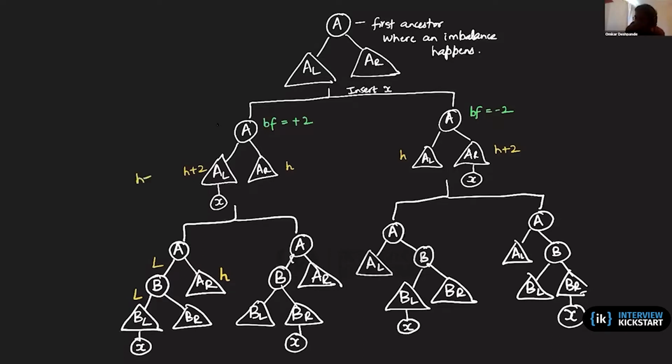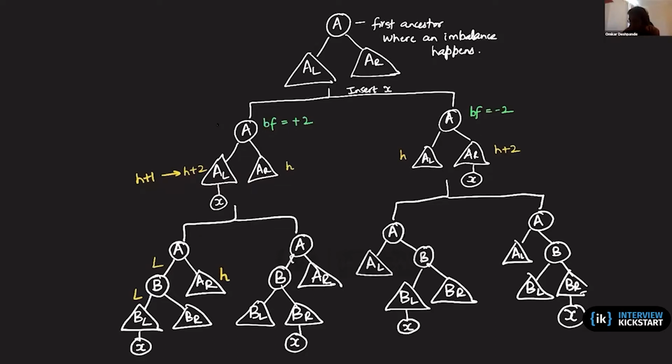So it was H plus 1 before and it became H plus 2 afterwards, right? Why was it H plus 1 before? It couldn't have been H plus 2 before X was added because then there would have already been an imbalance at A. It's the addition of X which led to the imbalance. So the original height was H plus 1.